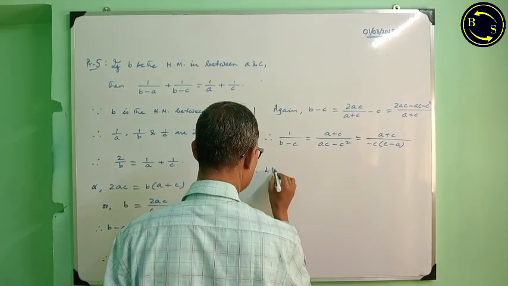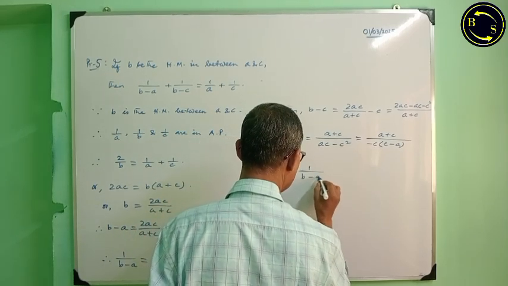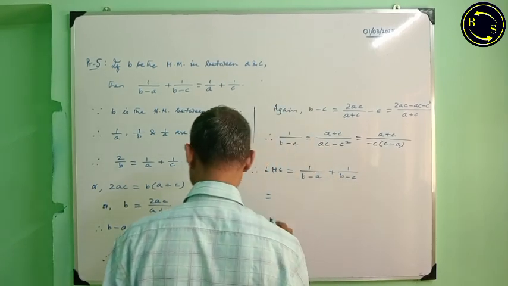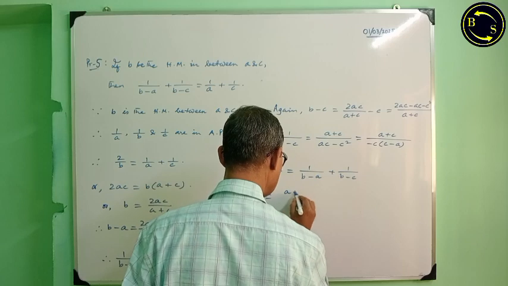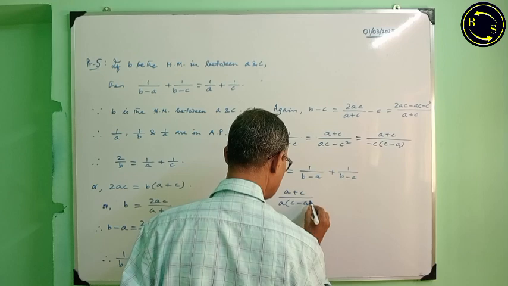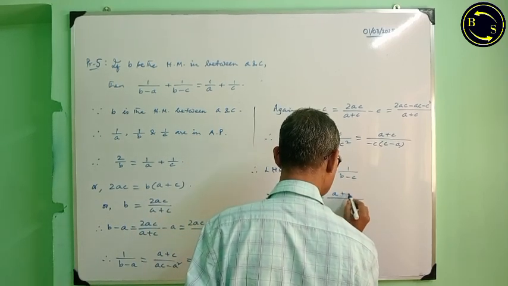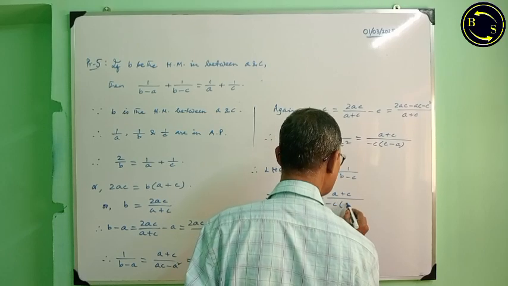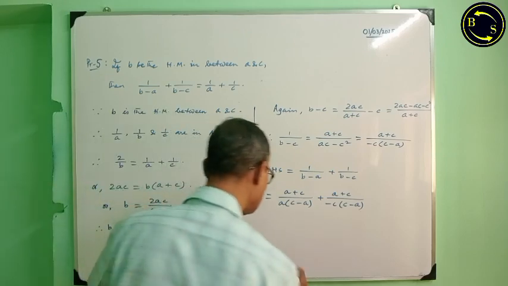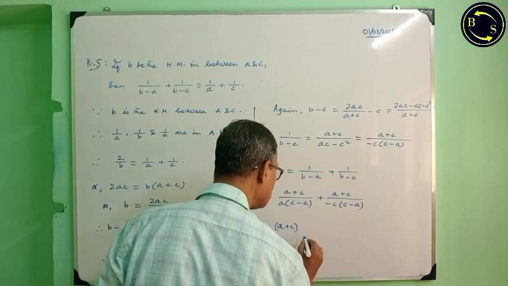Therefore LHS is equal to 1 by (B minus A) plus 1 by (B minus C). We put the values, (A plus C) by A into (C minus A) plus (A plus C) by minus C into (C minus A). Then A plus C is the common factor, we take it outside.